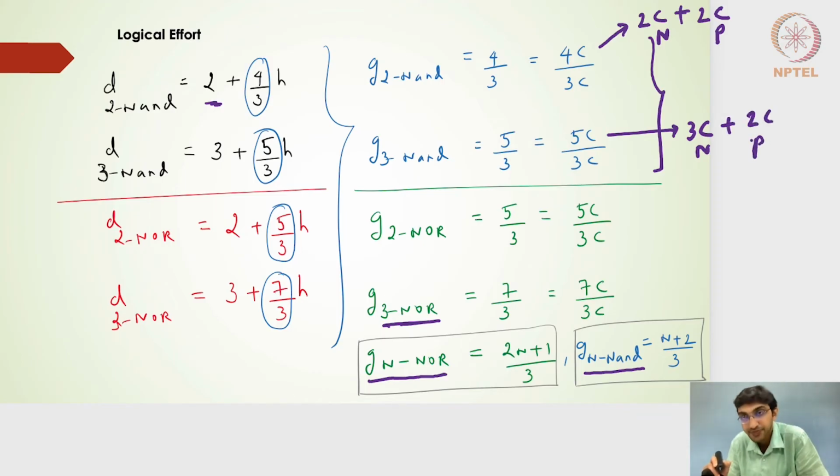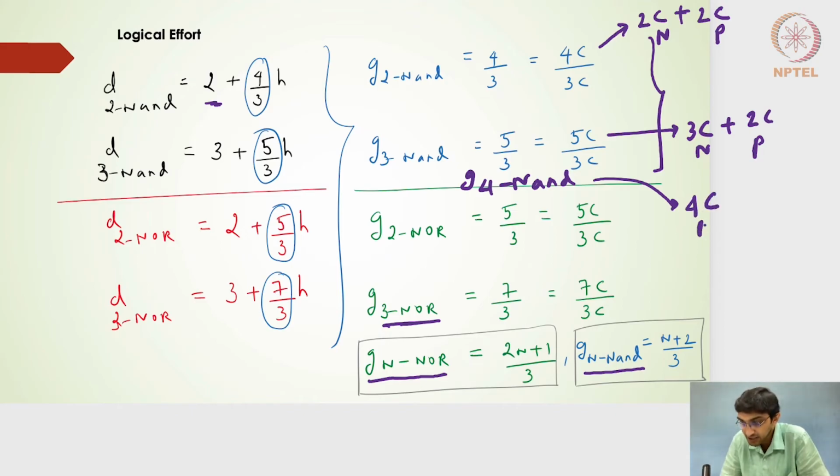So if I similarly calculate the logical effort of a 4 input NAND gate, I'm going to write it as 4 NAND, and then the logical effort, I have to size it accordingly. So I'll have to have 4 times the width, right?